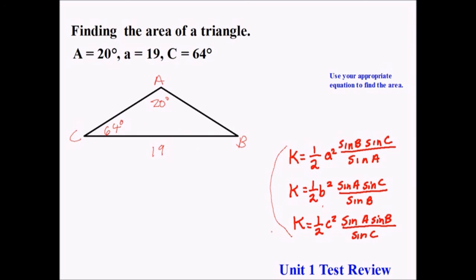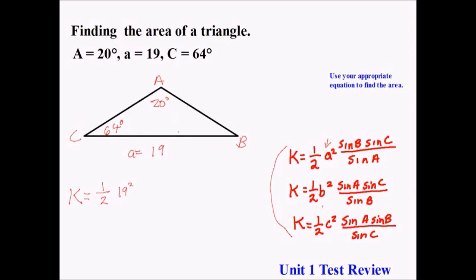So when you look at your equations, there's only one that has a side that you're given, which is little a. Remember, this is little a since it's across from big A. So you're going to plug that in. K, which is your area, is equal to 1/2 a squared. So this is 19 squared.